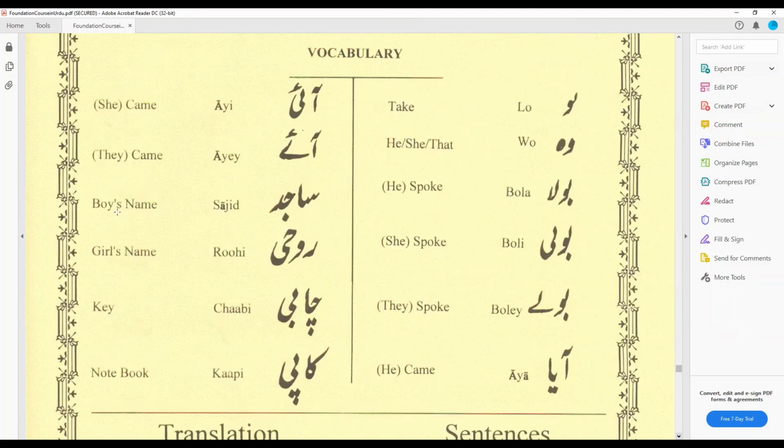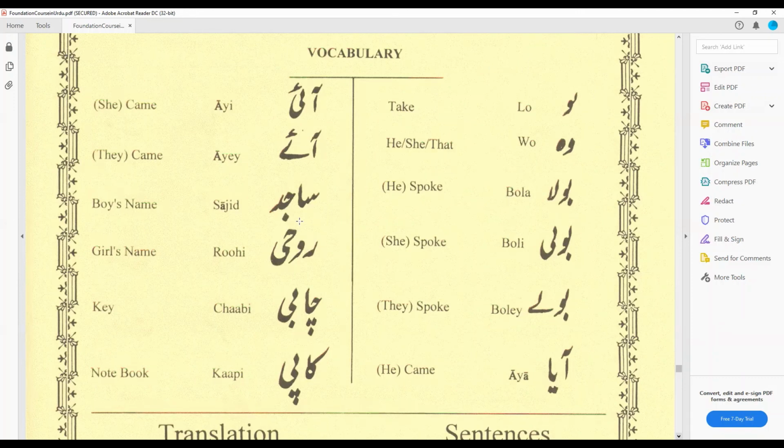Okay, there's a name written, if you can read. Sajid. It's a boy's name. Any boy name could be Sajid.